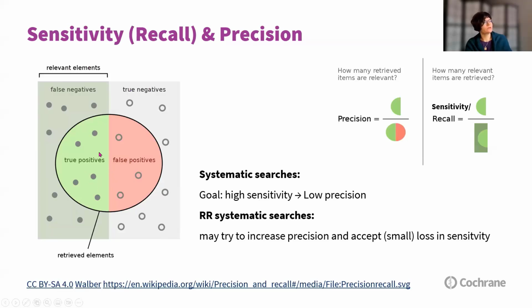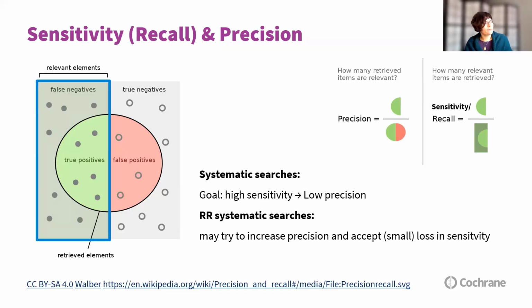The search result will contain both relevant and irrelevant documents. And the sensitivity is the proportion of relevant results in the search result compared to all of the relevant documents you might find. In systematic searches, we generally aim for a high sensitivity, but this means that precision will be low.